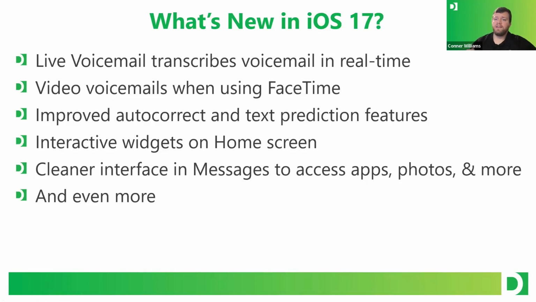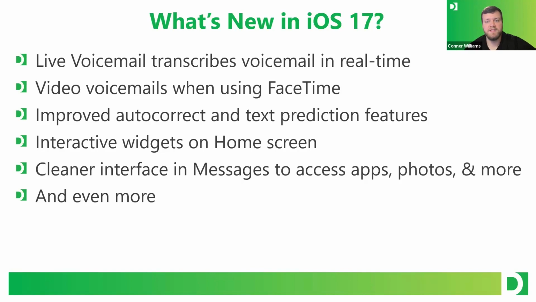We talked about interactive widgets on the home screen. A lot of what I showed you is actually new, and how you can use those widgets to do stuff right from your home screen, like see the sunrise and the sunset. There's also a cleaner interface in Messages to access your apps, photos, and more.